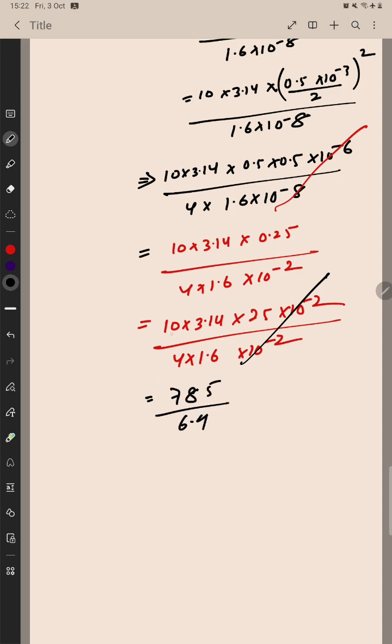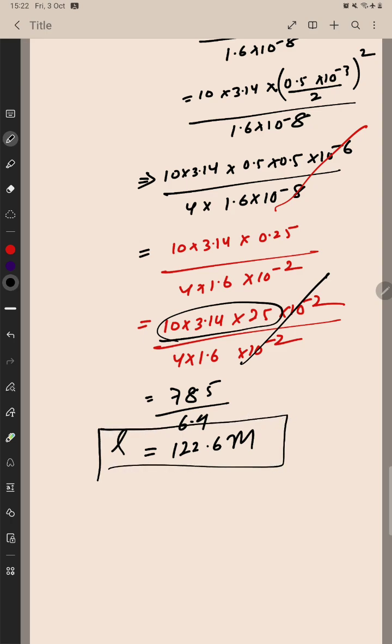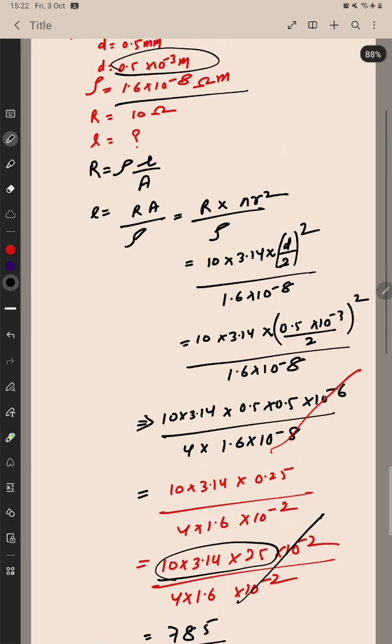So if I multiply the numerator, I get 785, and the denominator 4 times 1.6 is 6.4. So how much is coming? 122.6. This is the length, so the answer we got is in meters. So the first part of the question we have done. Now we have to go for the second part.